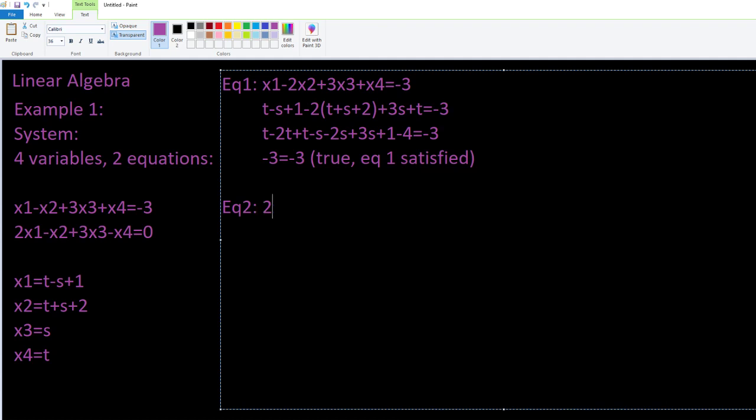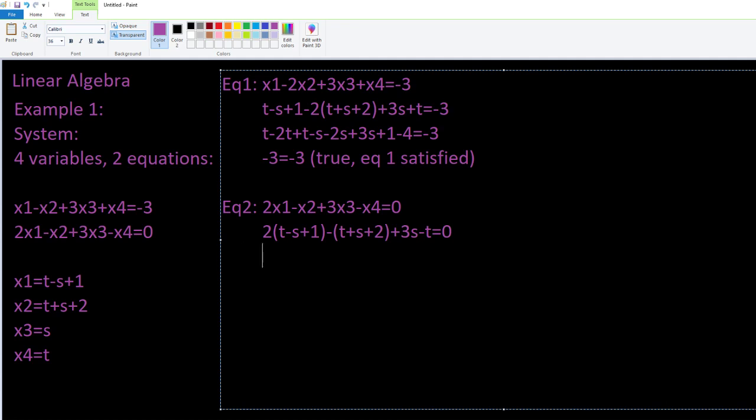So then we do equation 2, which was 2x1 minus x2 plus 3x3 minus x4 equals 0. So we get 2 times t minus s plus 1 minus t plus s plus 2 plus 3s minus t equals 0.